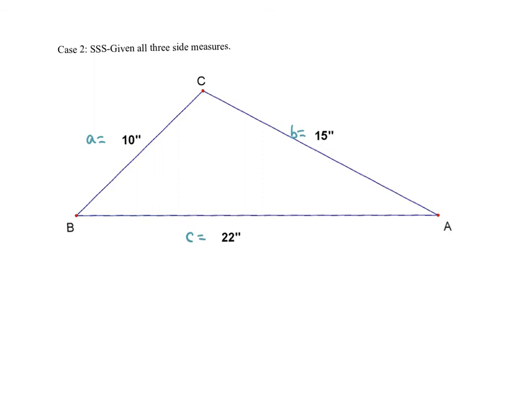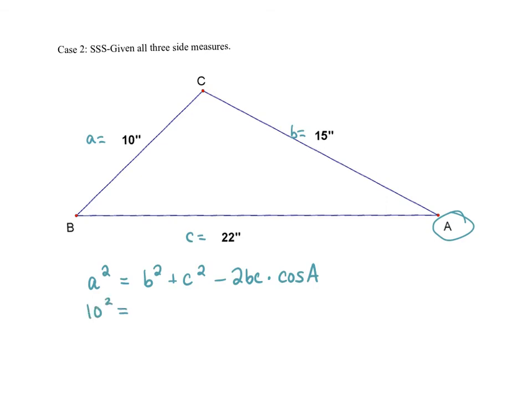So we're going to use a really similar process to how we used the law of cosines on the last problem to find that second angle. So without loss of generality, I'll find angle A. I'm going to start with the formula a squared equals b squared plus c squared minus 2bc cosine angle A. Now I'm just picking the one that had angle A in it, and then I'll plug some numbers in.